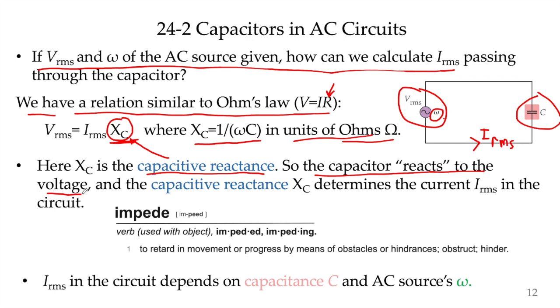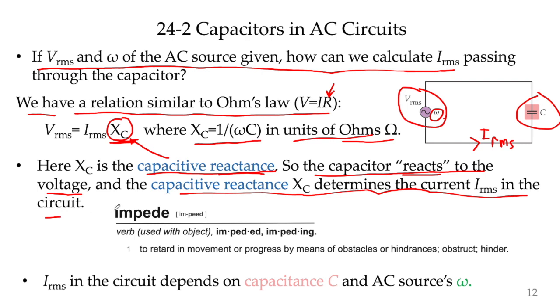It uses some of the energy. The capacitor is also reacting to the change of current or voltage in the AC circuit. That's why it's called reactance, coming from reaction, and the capacitive reactance XC determines the current in the circuit.